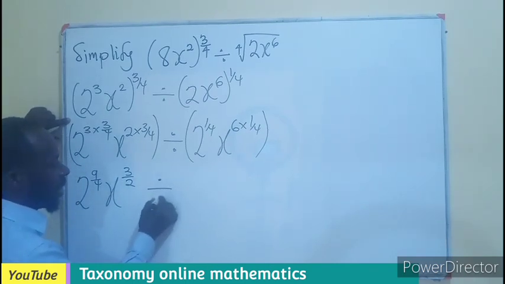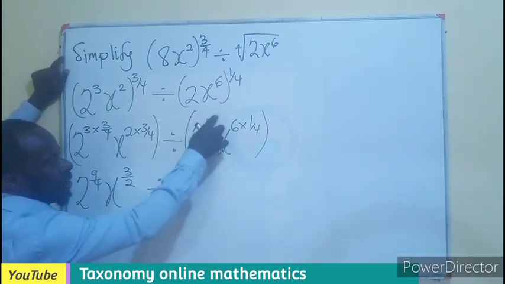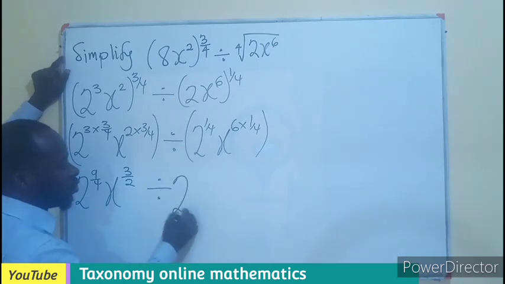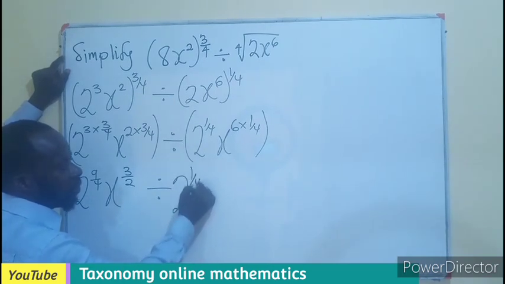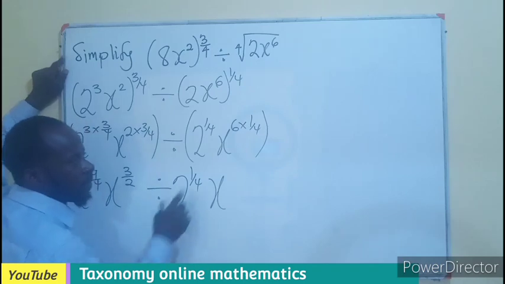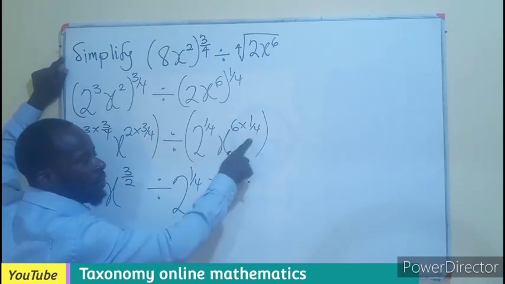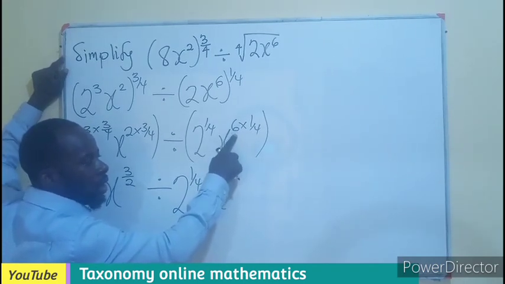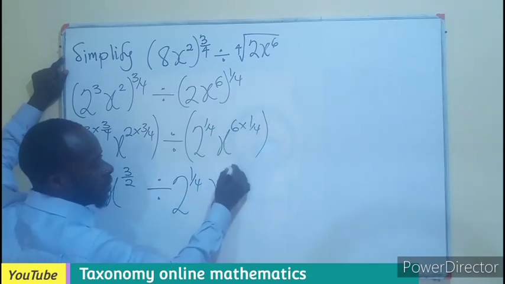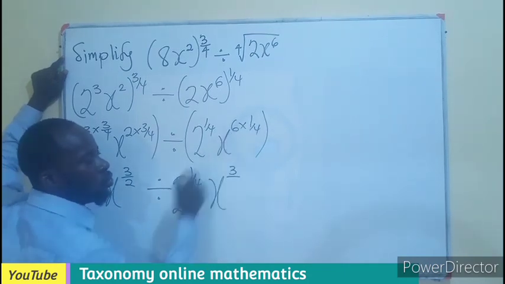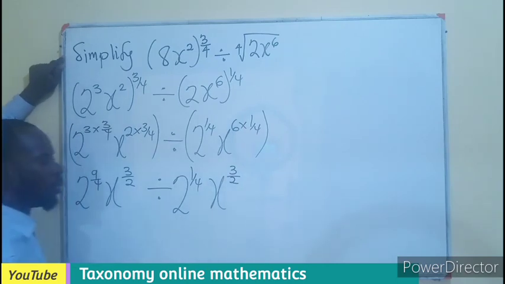Divided by, this has no other simplification, so we maintain 2 exponent 1 out of 4, x. We know 2 is a factor of 6 and 4, so 2 can go here: 3 times 1 will still be 3, then the 2 will be our denominator.